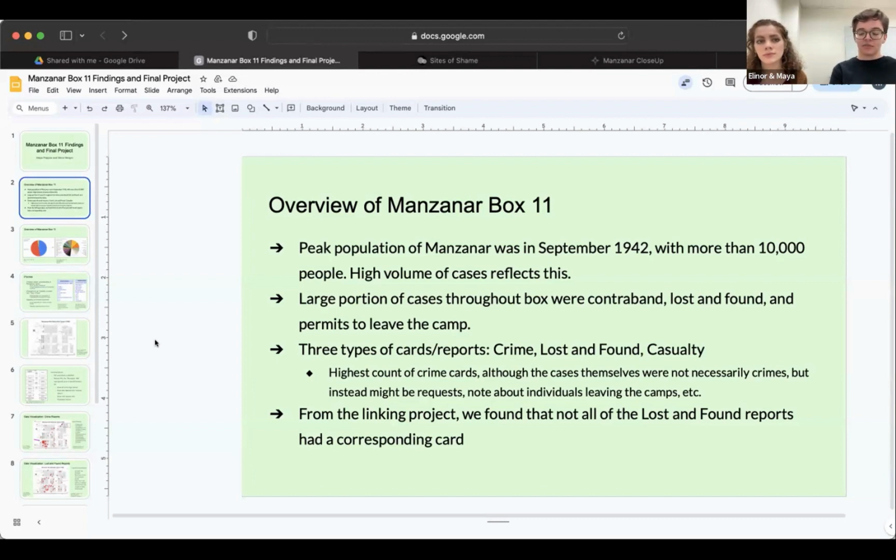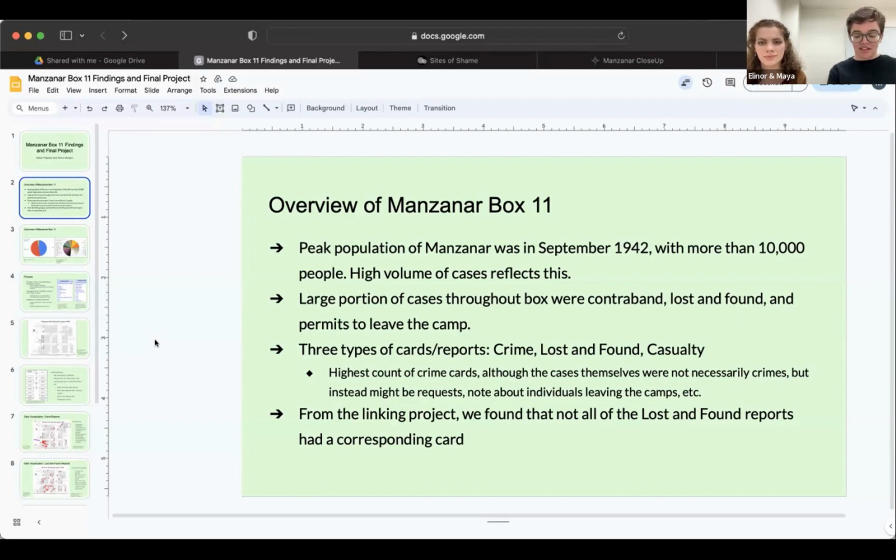It's very clear going through the reports that there is little to no standardization, and it's not surprising that so many non-criminal cases would be lumped together under one single crime report type.